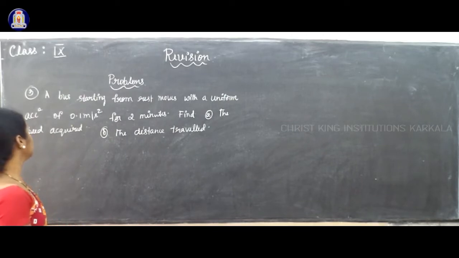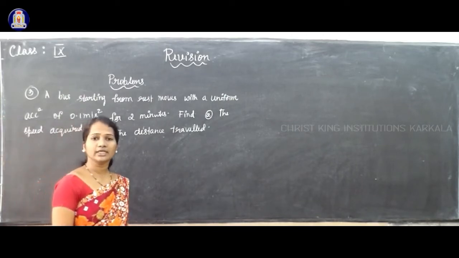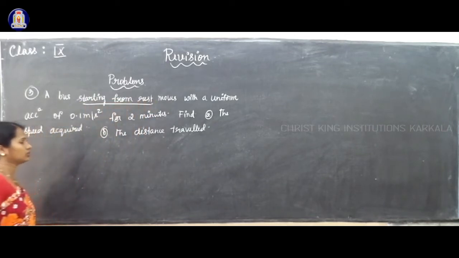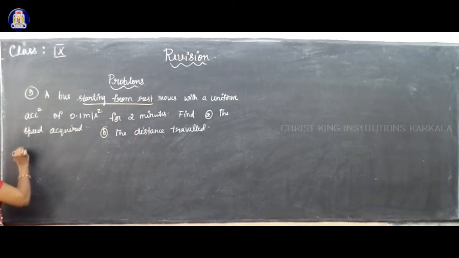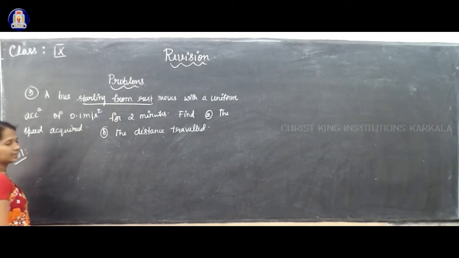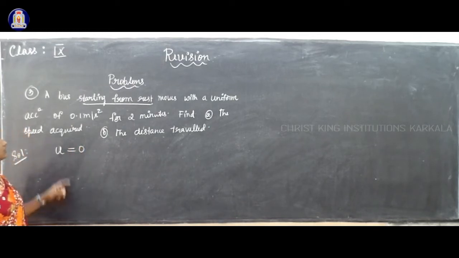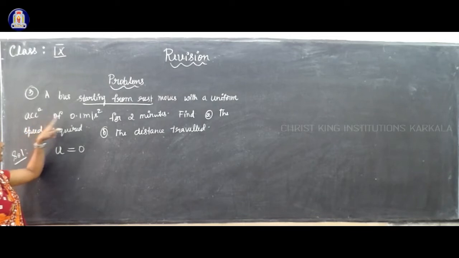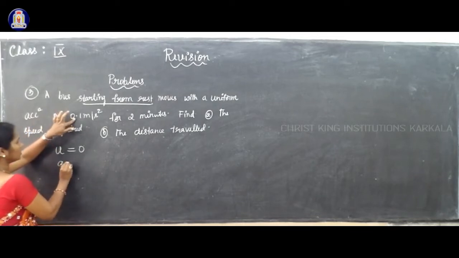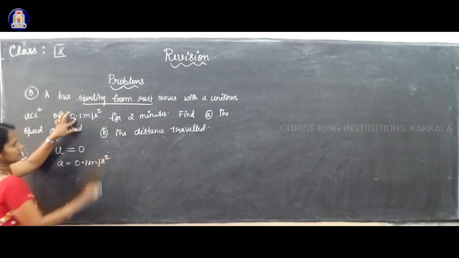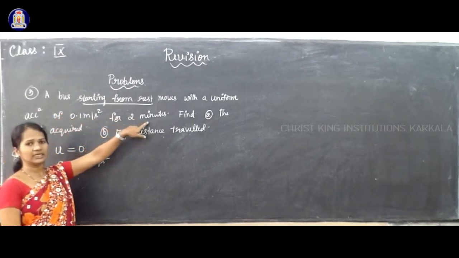So what is given in the question? A bus starting from rest. So what you have to write? Initial velocity of the bus, that is u, starting velocity u equal to 0. It moves with a uniform acceleration a equal to 0.1 meter per second square for 2 minutes.